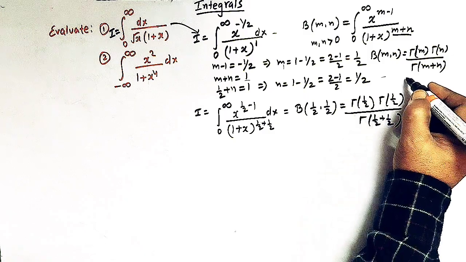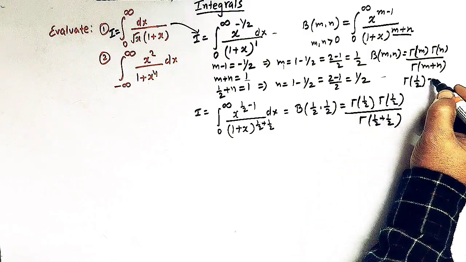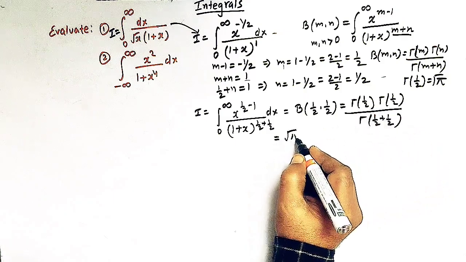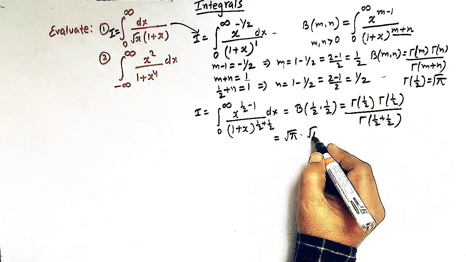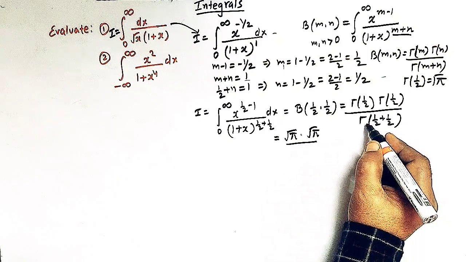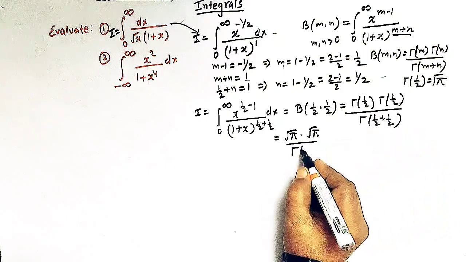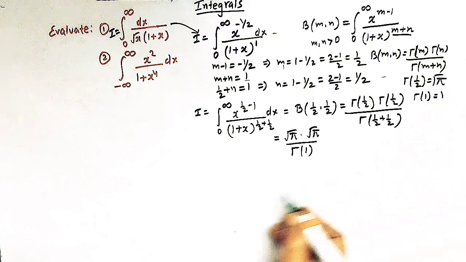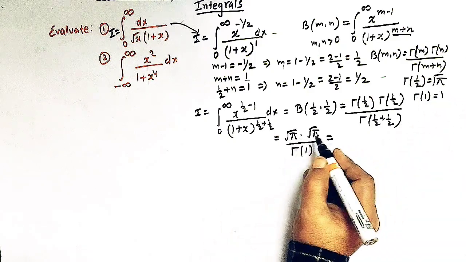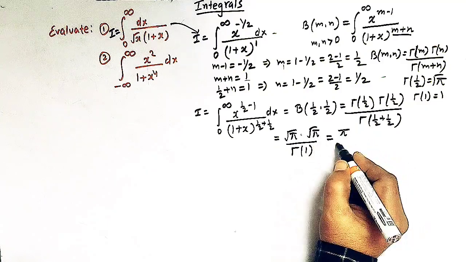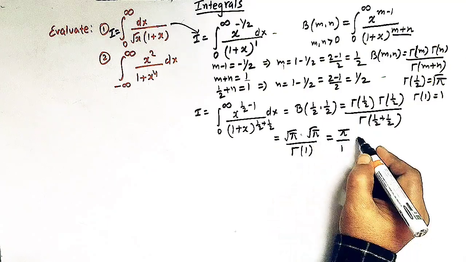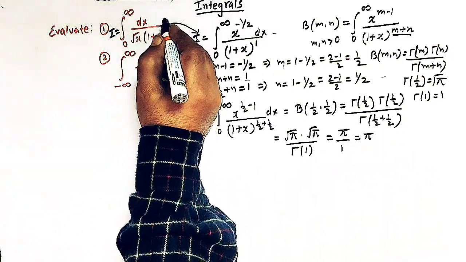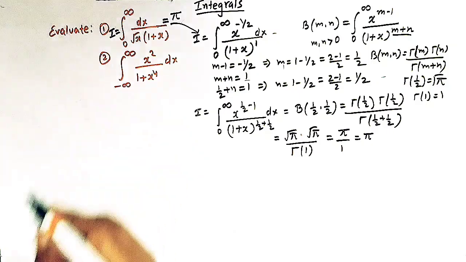Now gamma half is equal to square root of pi, so here we have square root of pi, here also square root of pi, and in the denominator we have gamma 1, and gamma 1 is equal to 1. So root pi times root pi is simply pi, and gamma 1 is 1, so we have pi. So the value of this integral is equal to pi.